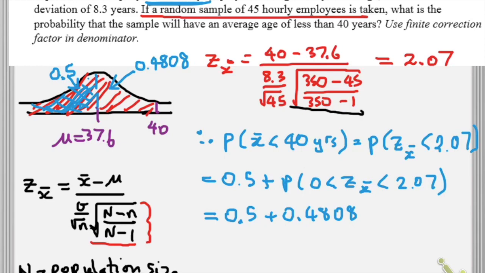That means if you look at your z-score table, it should be 0.4808. So if you add that to 0.5, your result will be 0.9808. That is the probability that a sample size of 45 employees will have an average age less than 40 years if the population age is 37.6 years.